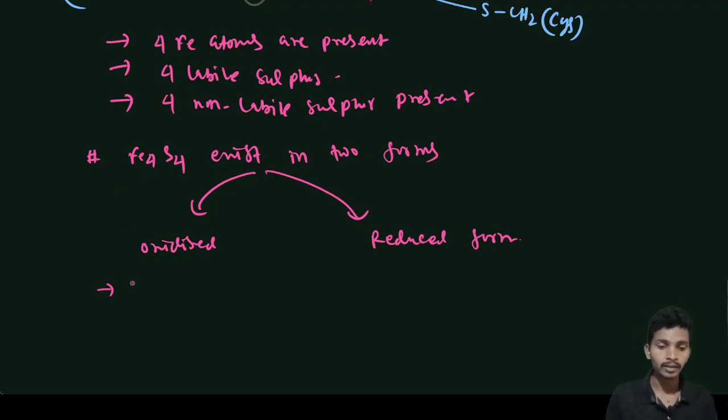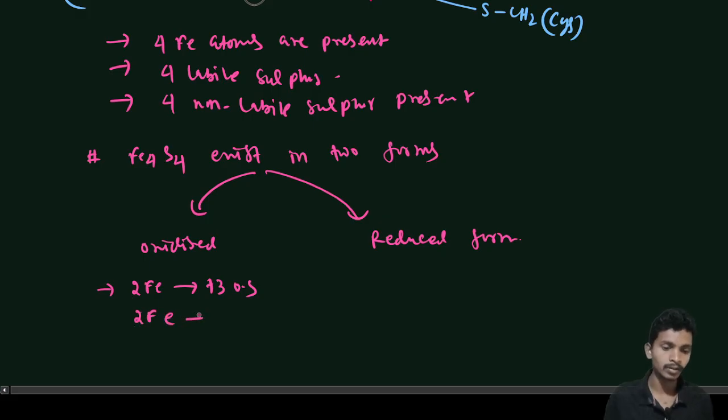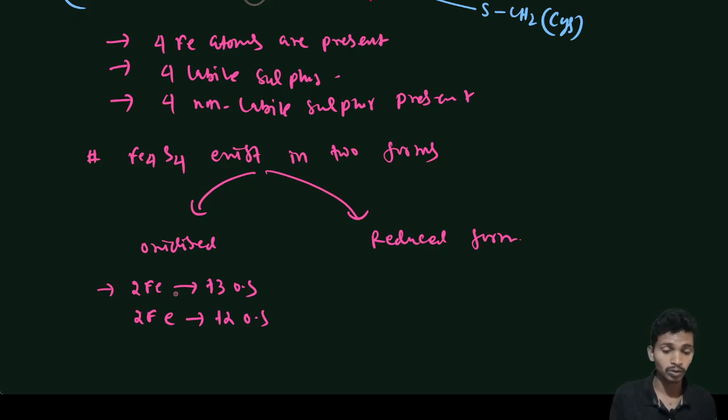So +3 or +2, only these 2 oxidation states are present, not +4, not +5. Okay, so for oxidized, 2 Fe in +3 oxidation state and 2 Fe in +2 oxidation states. In the case of reduced form, of 4 Fe total, 3 Fe are in +2 oxidation states and 1 Fe in +3 oxidation state.